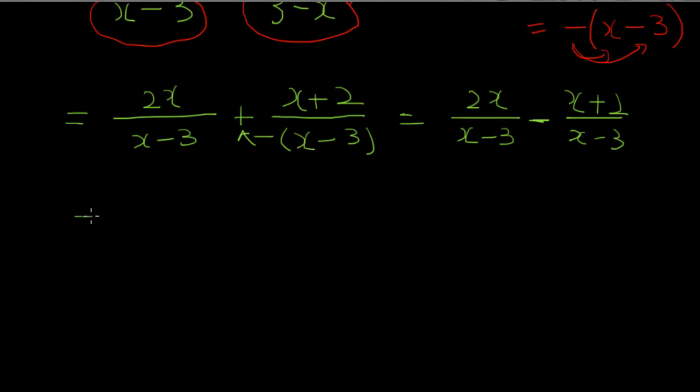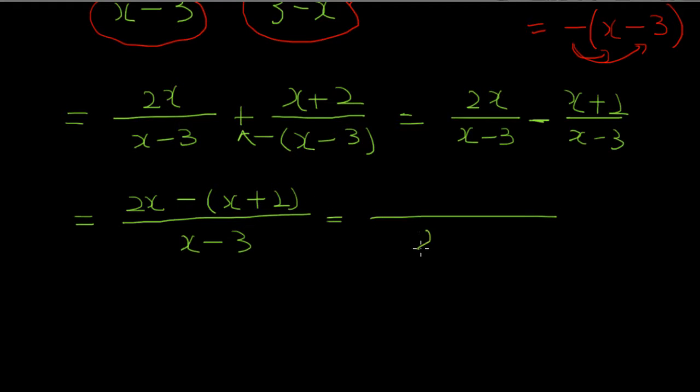Now that we have a common denominator, x minus 3, we have 2x minus, remember the parentheses, x plus 2. Then this is going to be x minus 3 in the bottom denominator. This would be 2x minus x minus 2.